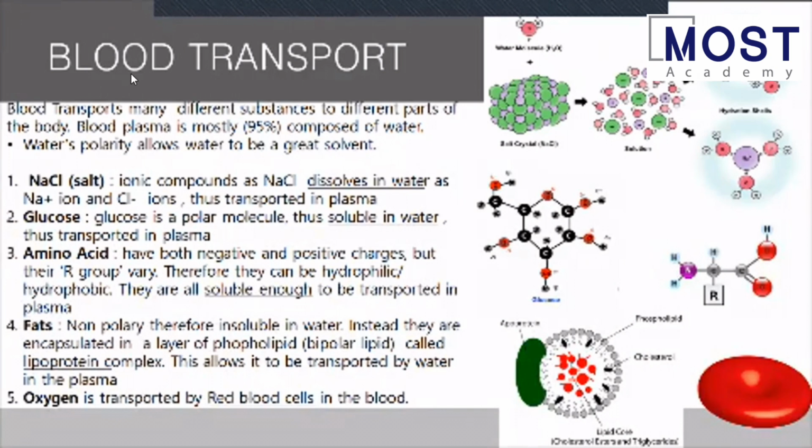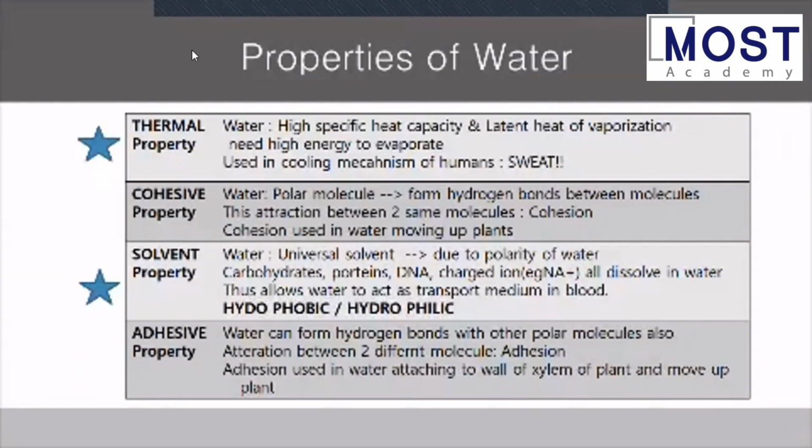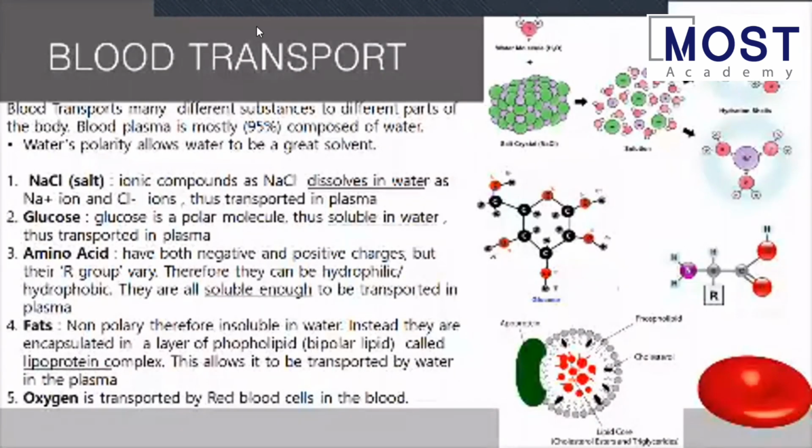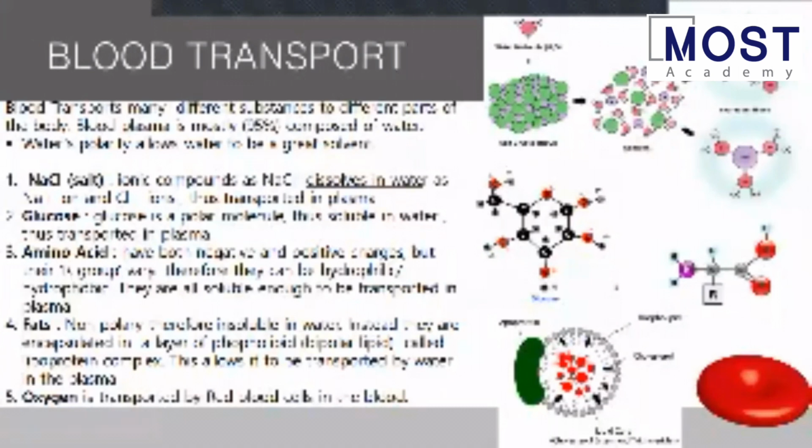When they dissolve in water, as you can see in the diagram above, all ions get separated and they get surrounded by the polar water molecules. This is how they dissolve in water. So they are easily dissolved in water. Since sodium chloride is an ionic compound, it can easily dissolve in polar water solute.